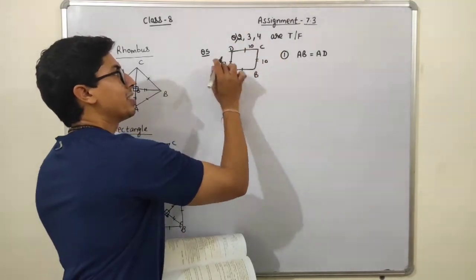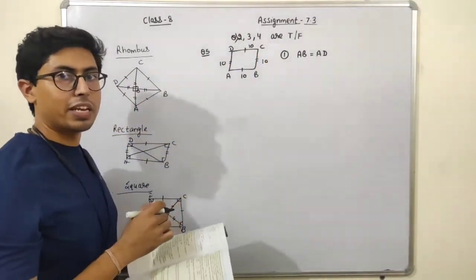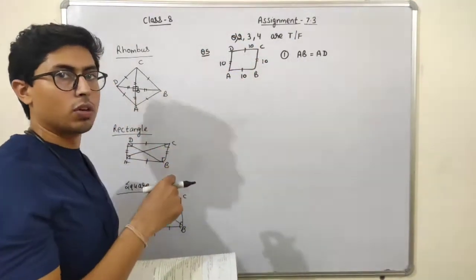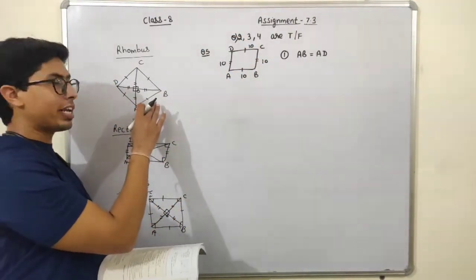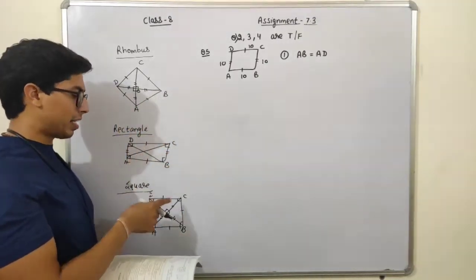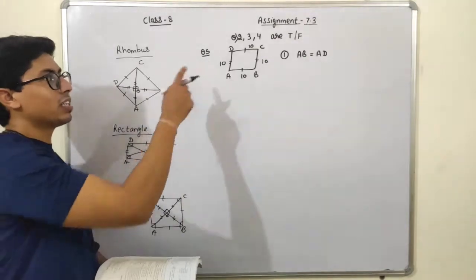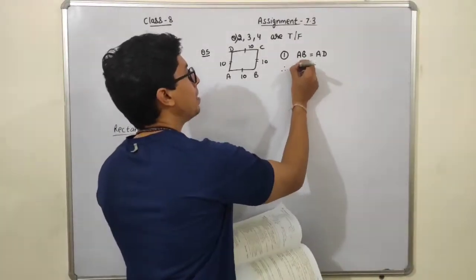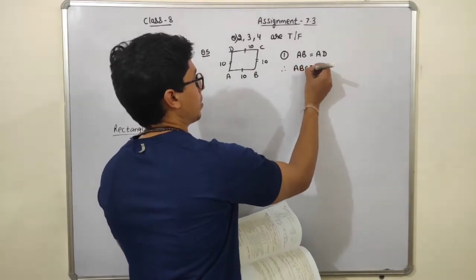This means all the sides are equal now. So students, all the sides are equal. Now students, all the sides are equal in a rhombus and a square, but it is not given in the question that the angles are 90. So I can say that this figure is a rhombus. Therefore, ABCD is a rhombus.